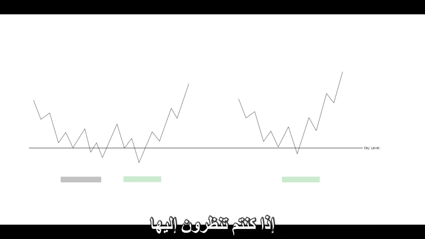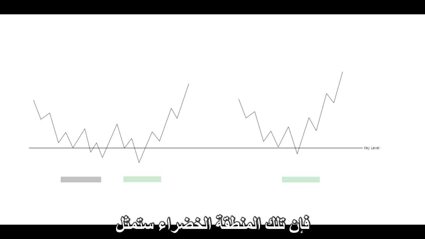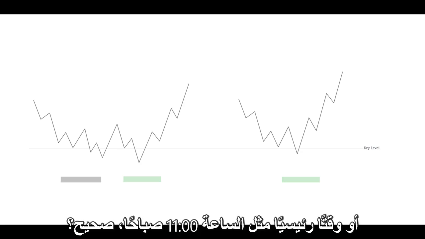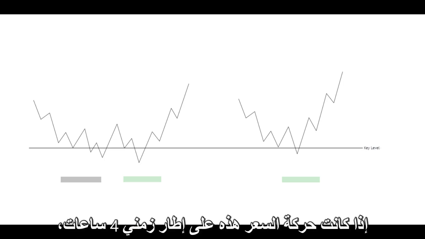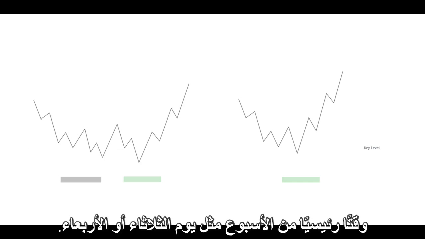If we are looking at it on the 5 minute or the 1 minute time frame right now, then that green area would represent a key macro or a key time such as the 3 a.m. macro, the 8 a.m. key time, or such as 11 a.m. key time, right? If this price action is on the 4 hour time frame, then that green rectangle will represent a key time of the week such as Tuesday or Wednesday, right?